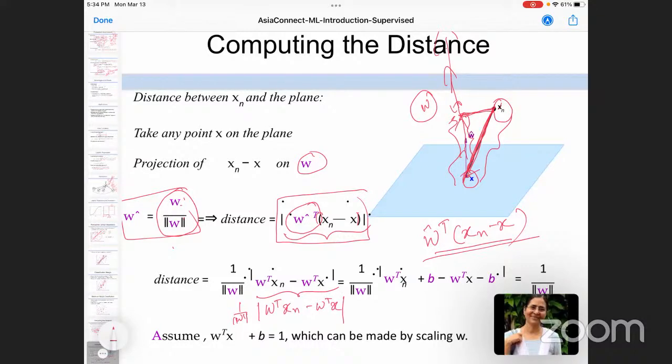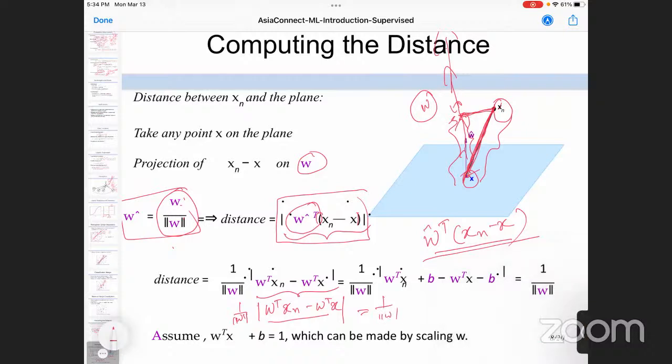Now you can introduce b here, because I'm assuming b is not here. So again, you can write W transpose xn plus b minus W transpose x minus b. This plus b minus b you can cross out, but let it be there.